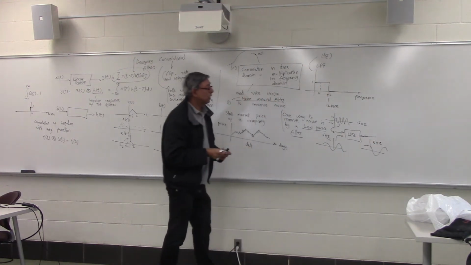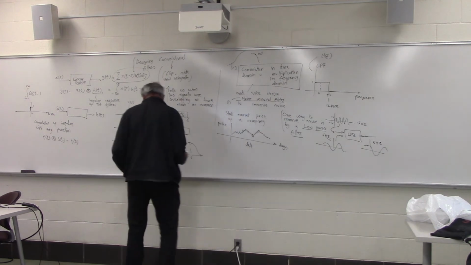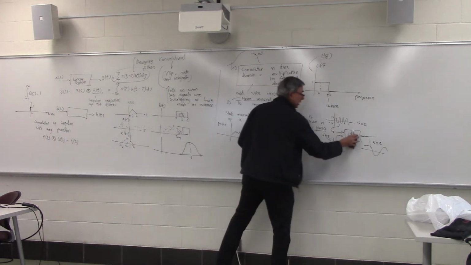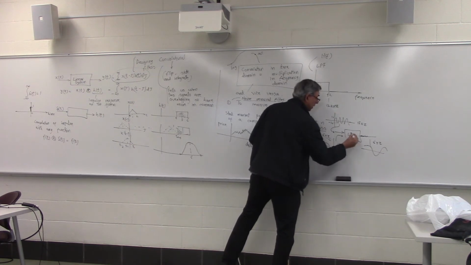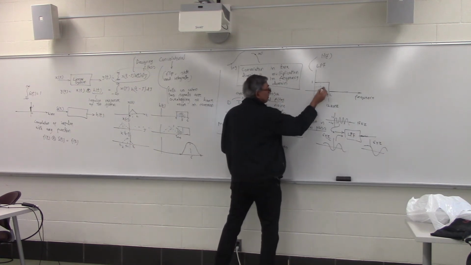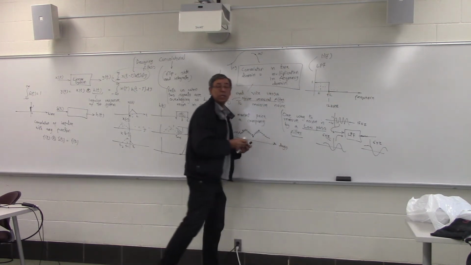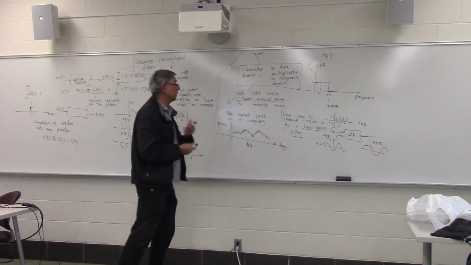So in short, a low pass filter will pass all the low frequencies, and above a certain cutoff, it will suppress all the high frequencies. So that's how the filter works, right?